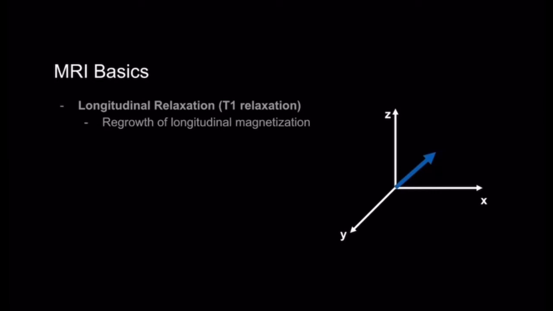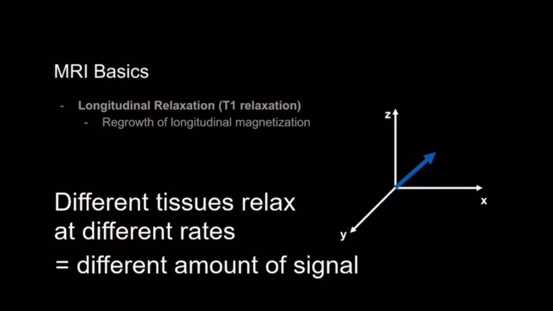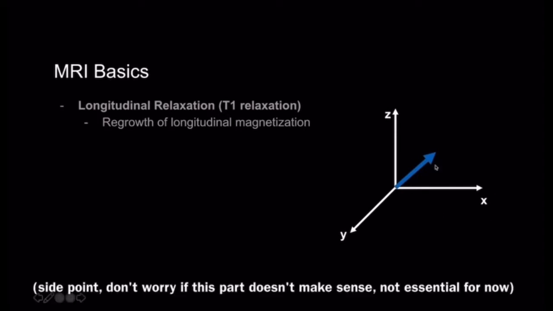What matters here is that depending on the tissue environment, the net magnetization will relax back into the Z-axis at different rates. So at any given time, different tissues will have different amounts of detectable signal and can be differentiated based on this. If the vector hasn't recovered all the way back into the Z-axis, it has a partial longitudinal component.